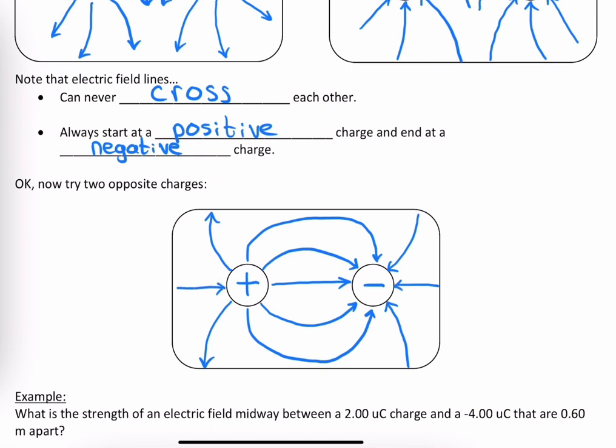So that is what the electric field looks like. It's created by two separate charges, in this case with opposite polarity. And at every point, the electric fields from the two different charges combine together to create one electric field, shown here in blue. So let's see if we can look at some example problems here.